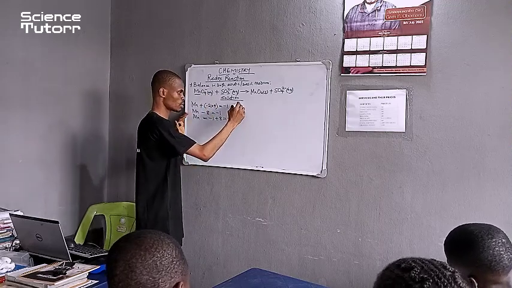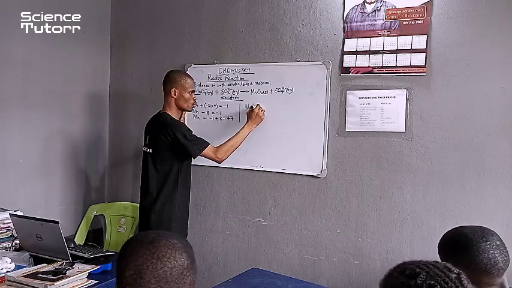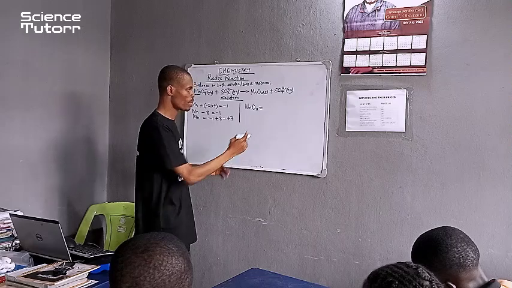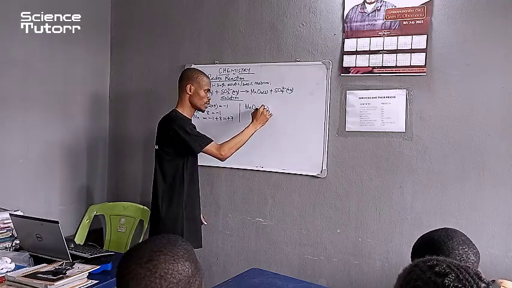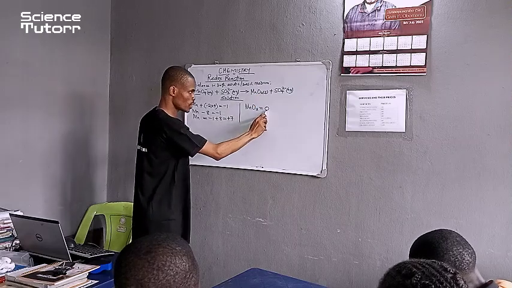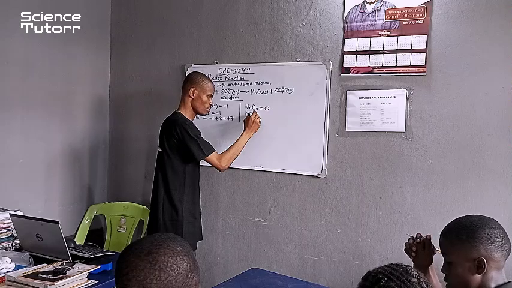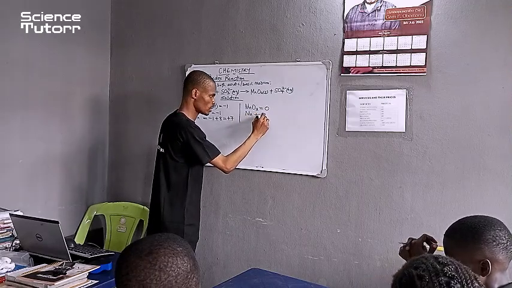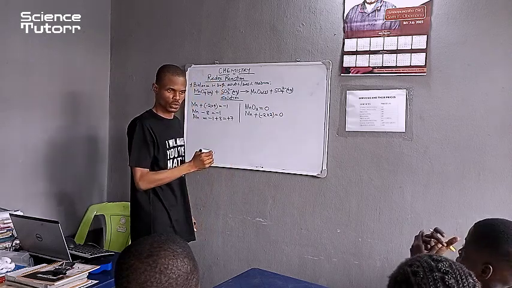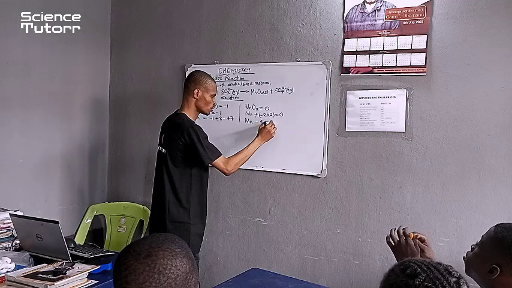Now let's do that of the products. MnO2: the sum of the oxidation states of all the elements that make up the compound will give us what? 0. This one has no charge. So when you add all of them, it will give you 0. So Mn plus -2 times 2 is equal to 0. Okay? So Mn minus 4 is equal to 0.